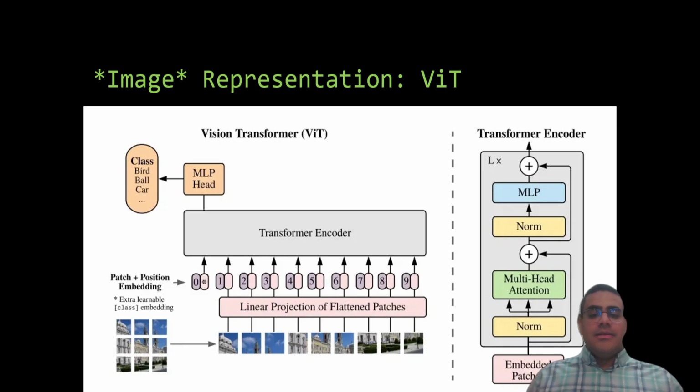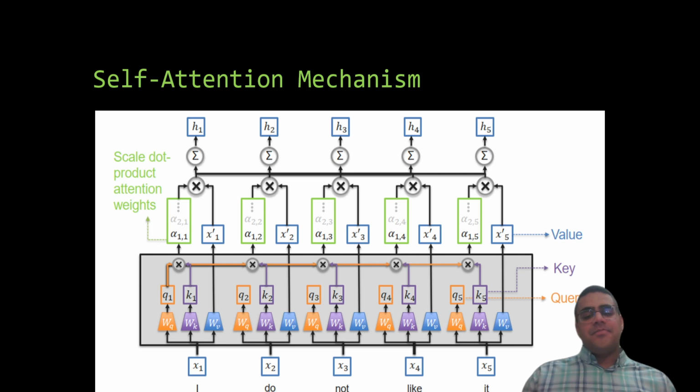And of course, after that, these vectors are passed through the encoder part of the transformer. If you're familiar with the transformer architecture, you know that it contains two different parts, the encoder and the decoder. But what is more important for us is the encoder section in the vision transformer. So this was the vision transformer.